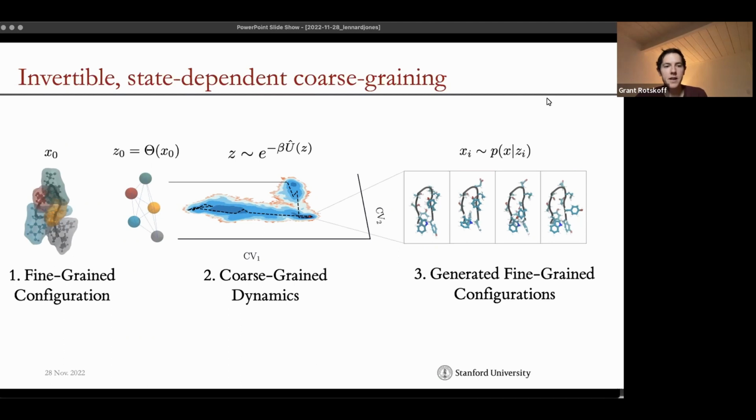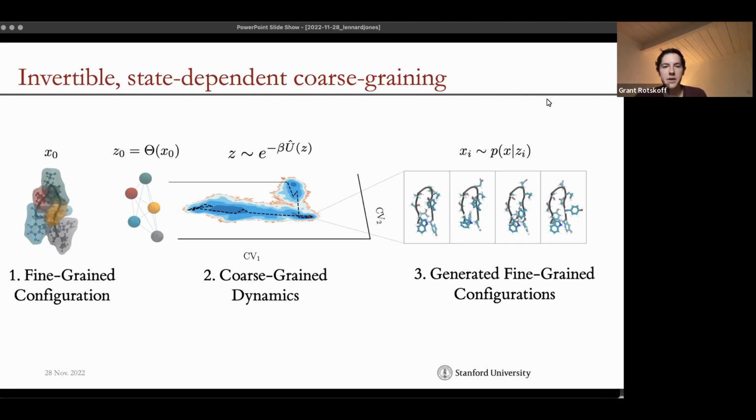The first thing that I'm going to do is build a representation where I project down, just like in traditional coarse graining, but I'm going to allow this projection map to be flexible. So it's going to depend on the state, and the projection itself could, in principle, be nonlinear.